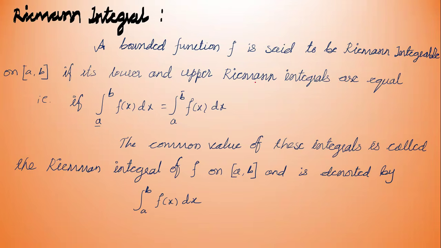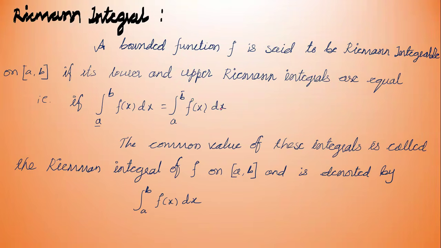Lower and upper Riemann integrals means lower Darboux integral and upper Darboux integral are equal. That means lower Darboux integral of f(x) dx from a to b is equal to the upper Darboux integral of f(x) dx from a to b.